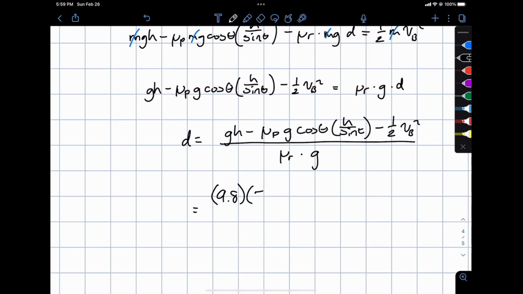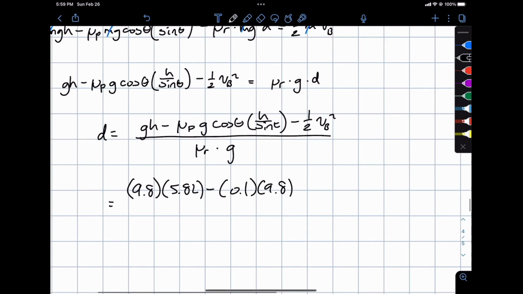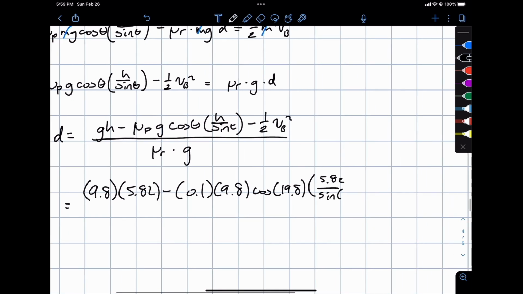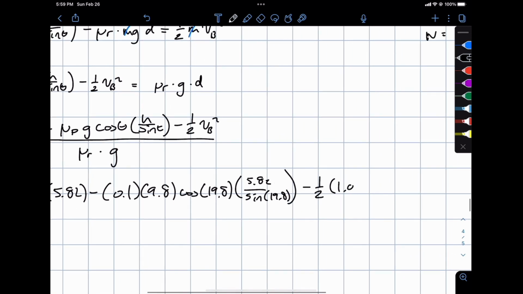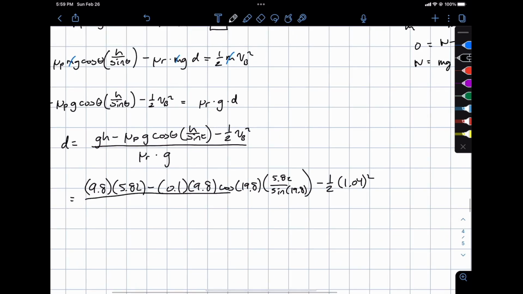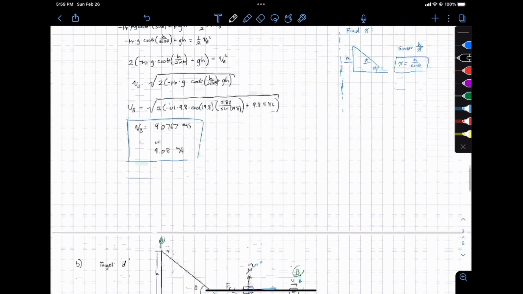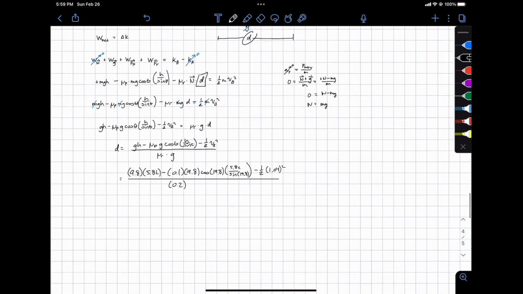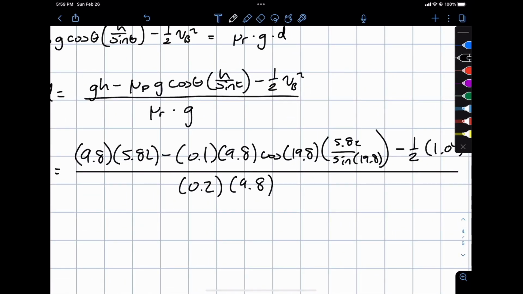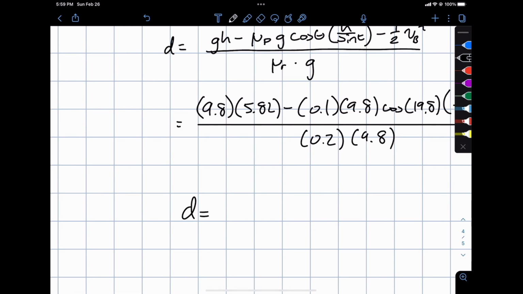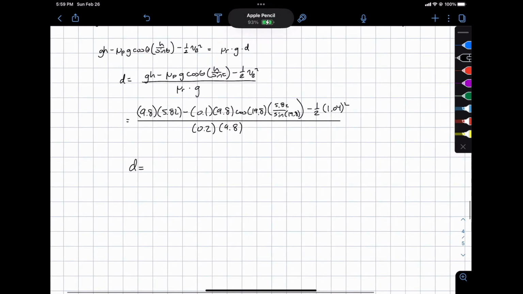9.8, 5.82, 0.1, 9.8, cosine of 19.8, 5.82, sine of 19.8, minus 1/2, 1.04 squared, over 0.2. Let me make sure it's 0.2. Okay, good. 0.2, 9.8. If we dump this into our calculator, let's see what we get.